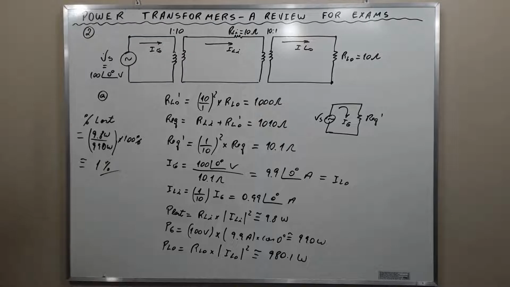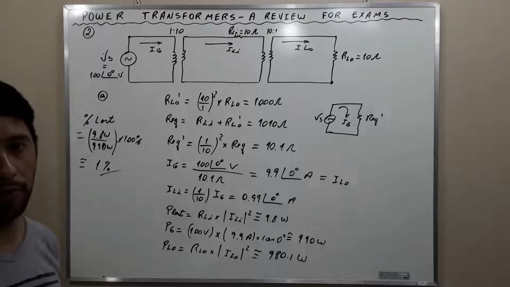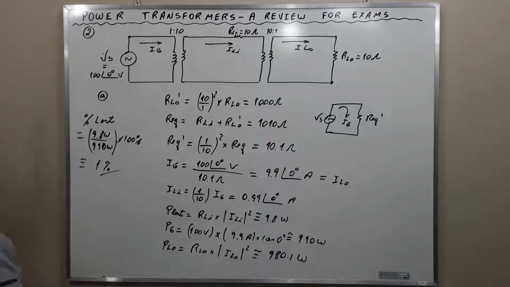And what is the conclusion that we get? We conclude that power transformers are very, very important for power systems. Because in letter A, when no transformers were being used, 50%, half of the generated power, was being lost in transmission.